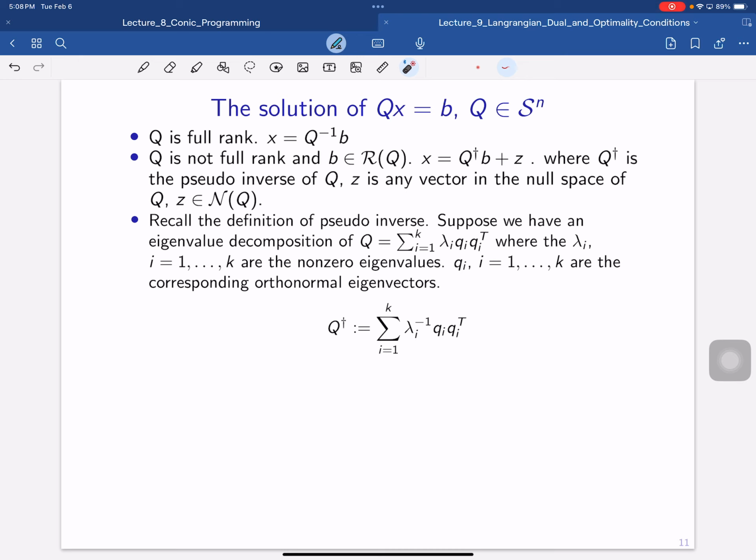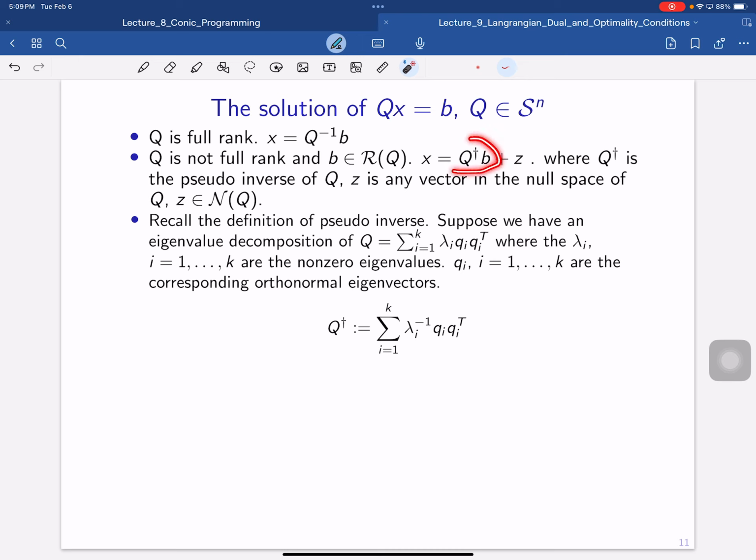Here we assume Q satisfies the conditions we gave you: Q is positive semi-definite, and B is in the range space of Q. First of all, if Q is full rank, then you can just take the inverse of Q multiplied by B. If Q is not full rank but B is in the row space of Q, then you can show that one of the solutions is the pseudo inverse of Q multiplied by B. We are not going to show the proof here because I'm almost running out of time.